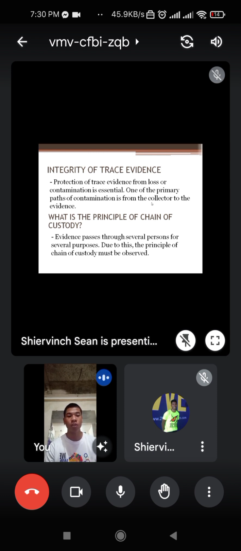And also, chain of custody, it is defined as what I have said, it is passed through different persons who can handle and possess it. Just like the pieces of evidence, from the moment that they were collected, marked, and tagged, up to the time of the final disposition of the case.